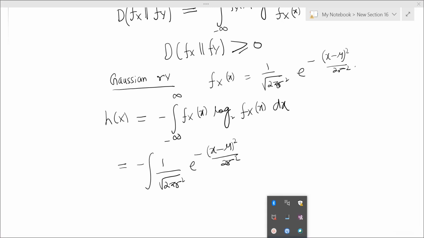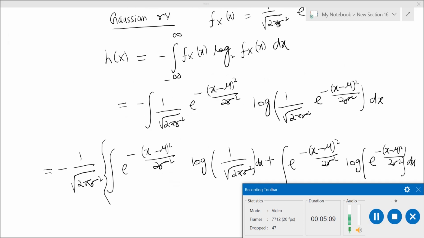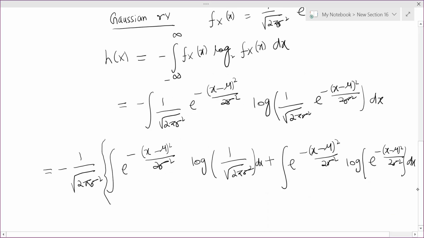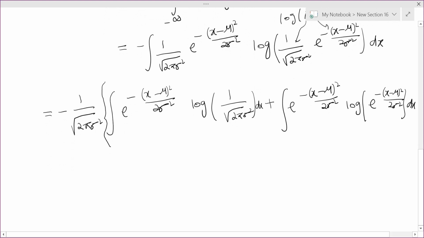So I will skip a little bit of algebra. It's a very simple step. I have used log of AB is equal to log of A plus log of B. This is your A, this is your B, and we get this result. Now log of 1 over root 2 pi sigma square is minus log of root 2 pi sigma square.